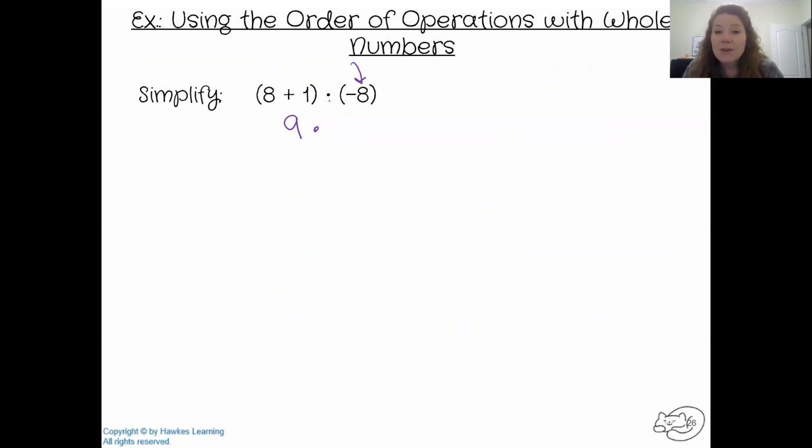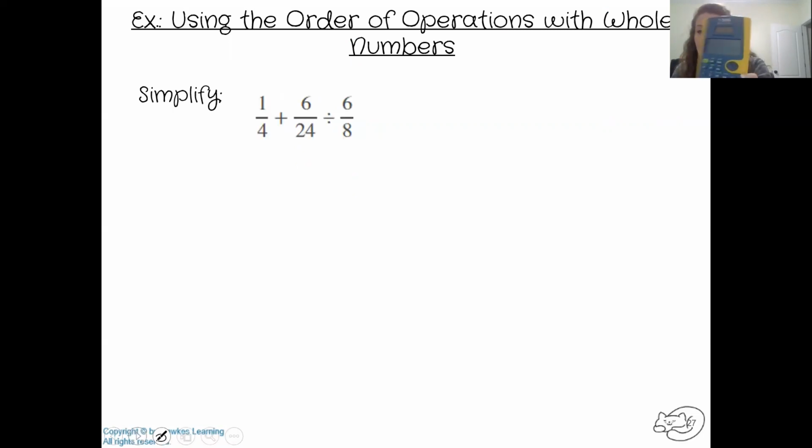If you have a number that's in second or third or fourth place and it's negative, they always put it in parentheses. So after you do parentheses, then you multiply. 9 times negative 8 is negative 72. But when you put those parentheses around the 8 and the 1, your calculator is going to do that for you.